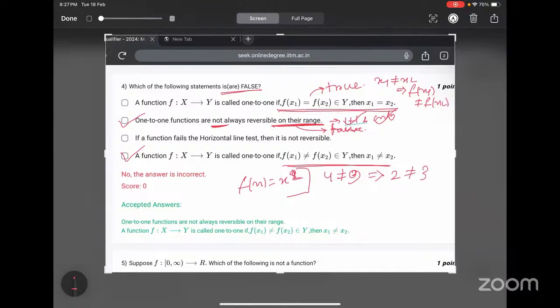This is the functional value of 2, this is the functional value of 3. So this is not a one-to-one function, but it is satisfying this condition. So this statement is false. That means if a function is not one-to-one, it can still satisfy this condition.